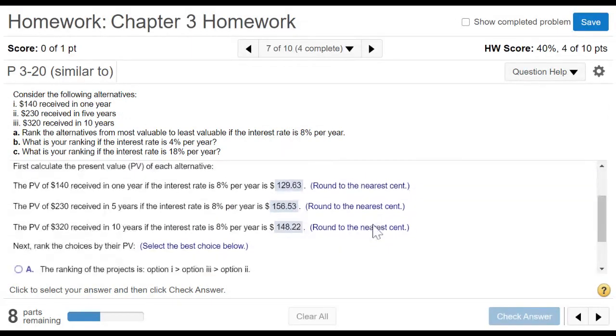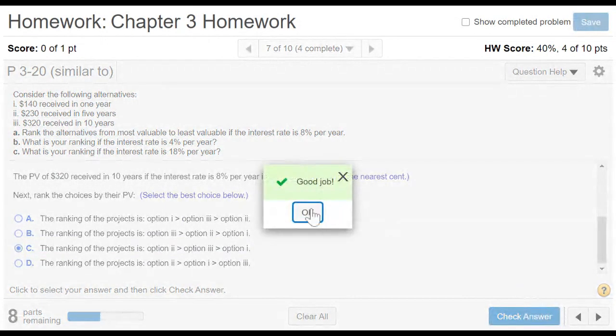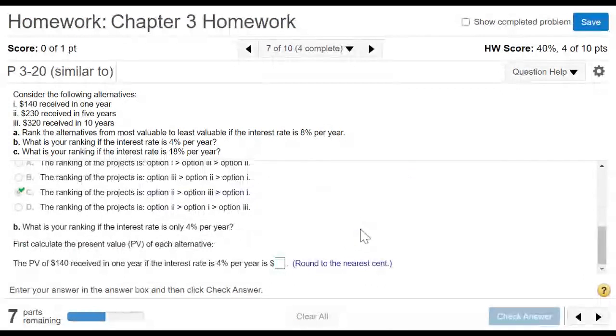So it was 231. Good. Let's continue. 140.